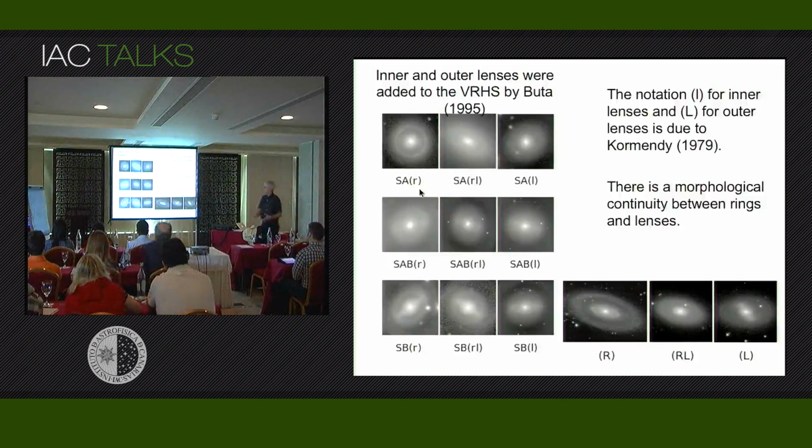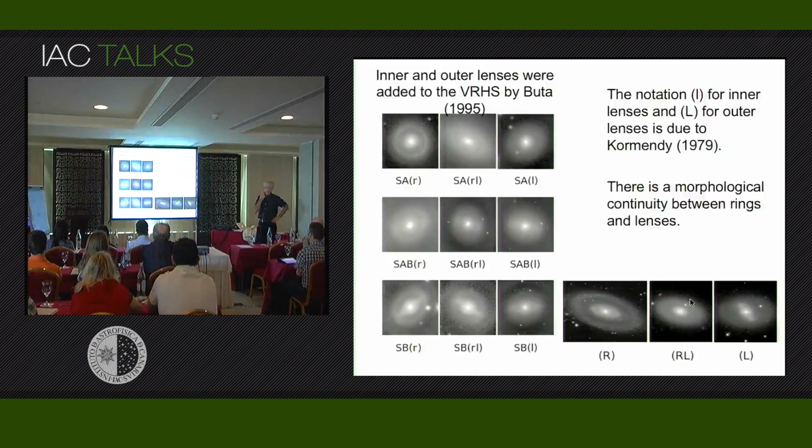And here I'm trying to show that you find them in non-barred galaxies as well as barred galaxies, and they come in degrees. You can see a pure lens, a ring lens, and a ring, and there seems to be some continuity. I don't know if it means anything, but you see some continuity.